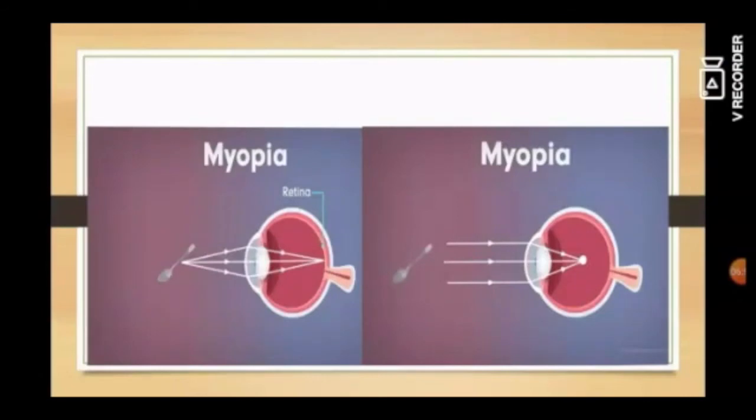You can compare both the figures and see that when the spoon was placed nearby, the image was formed exactly on the retina. But when the spoon is displaced a little farther, the image gets formed in front of the retina and not on the retina, and that spoon is not clearly visible to the person suffering from myopia. This is the main reason for blurriness.